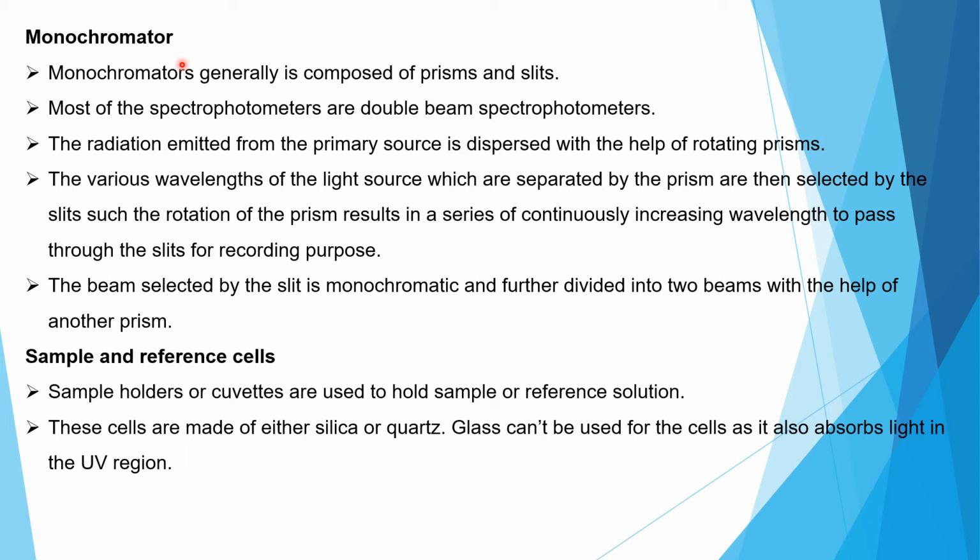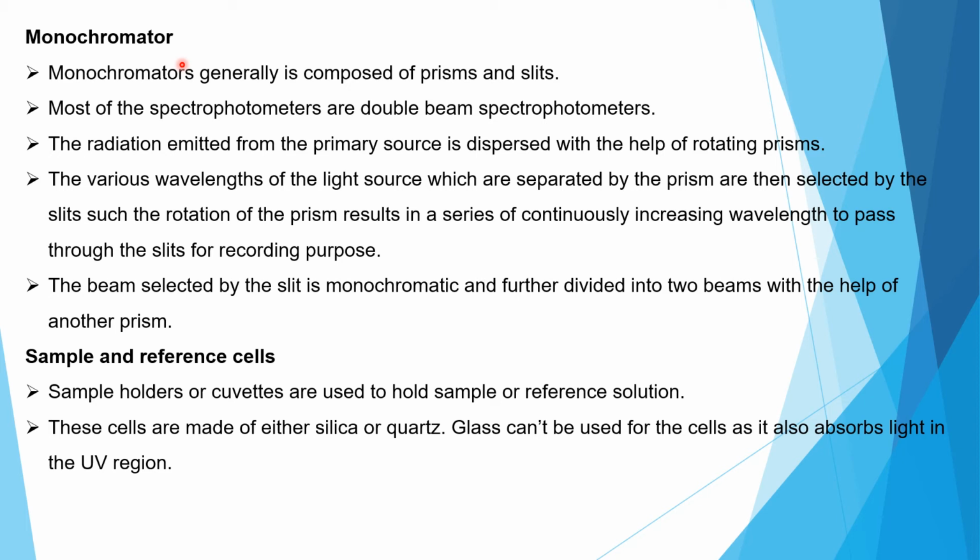So the radiation source provides the polychromatic light, which is allowed to pass through the monochromator through the entrance slit. The monochromator then disperses the radiations according to wavelength, and by moving the dispersing element or the exit slit, radiations of only a particular wavelength leave the monochromator through the exit slit.